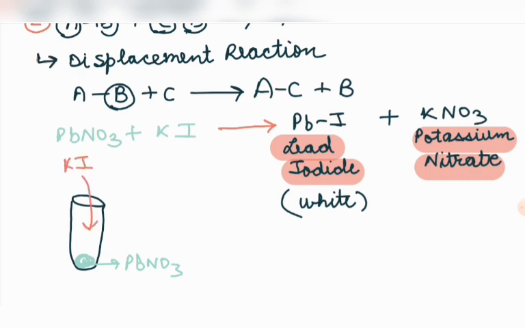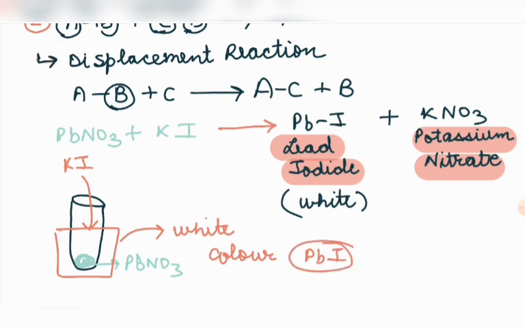Now what happened was that when these two reacted and when displacement took place, the whole of this inside turned to white color. Now they might ask you the question why it has formed white color. So we can say that due to the formation of PbI, we have the white color over here. So this is one reaction, one mechanism which has taken place over here, that is a double displacement reaction.